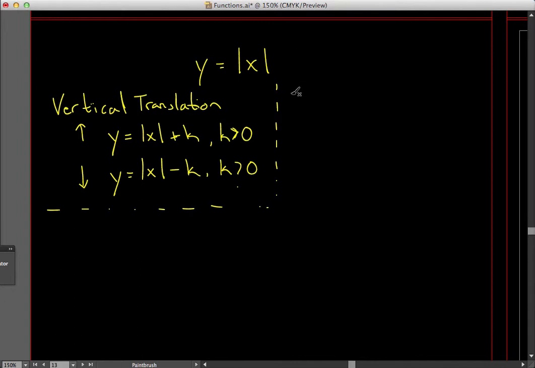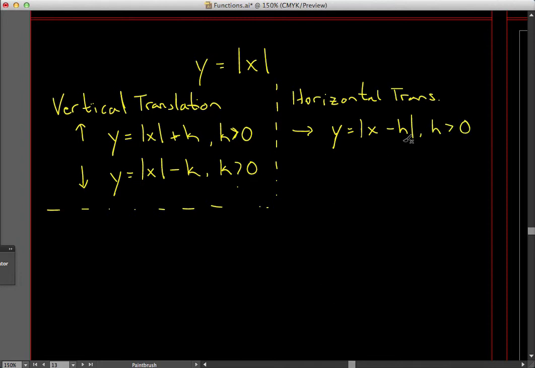We can also have a horizontal translation. If we're trying to translate to the right direction, we could write this as y equals absolute value of x minus h, where h is greater than 0.